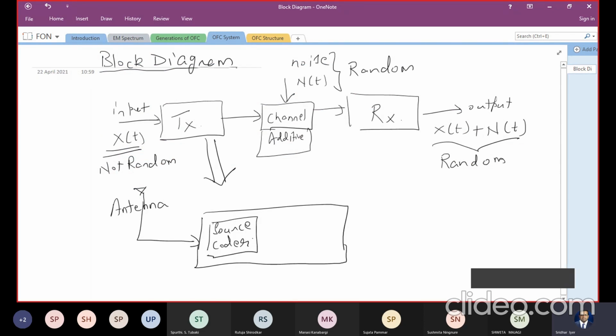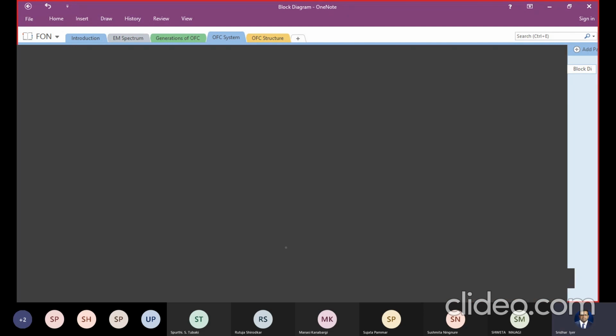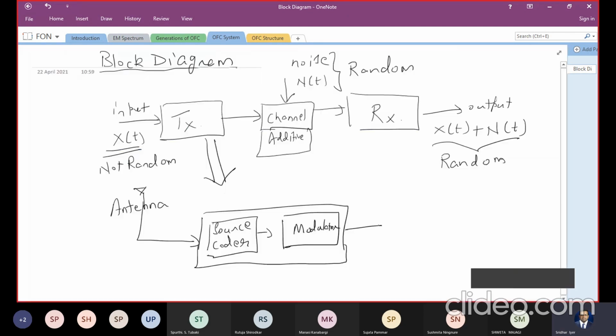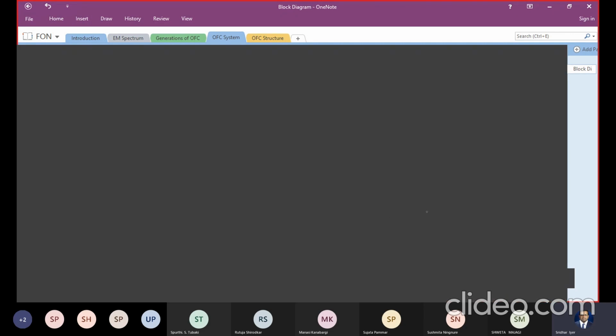That means it will ensure that whatever data is being transmitted by this transmitter is in a format which is useful or which is understood by the receiver. Right? So in our example, this source coder will convert whatever language I was using into an English language which you can understand. Right? Followed by the modulator, and then this output goes to the channel. Right?